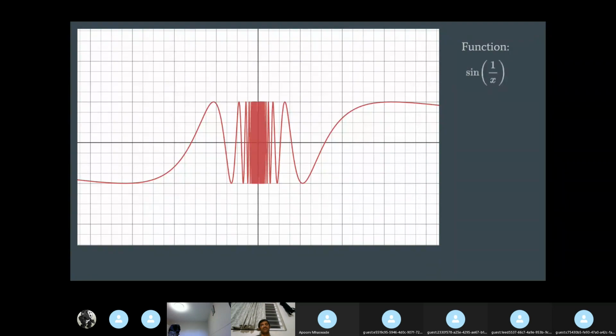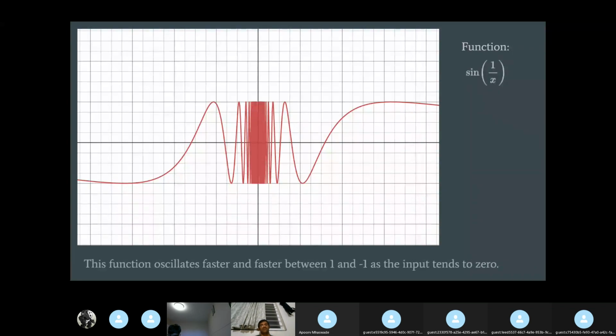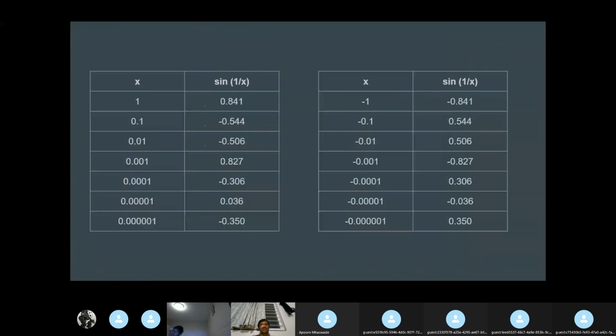So to help visualize, I actually made a table of the values of sine 1 by x, for x approaching 0 from either side, from x less than 0 and from x greater than 0.